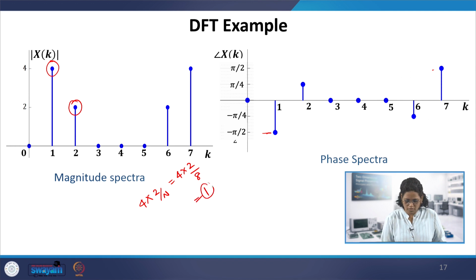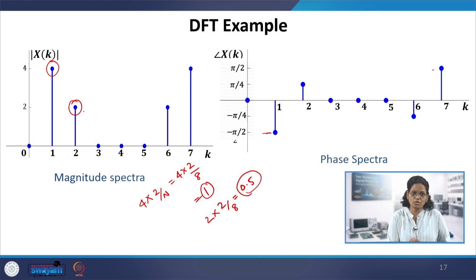This is the original amplitude of the signal which is present over here. Similarly for k equal to 2, what we get is 2 into 2 by n, 2 by 8, that is going to be 0.5. So this is the 0.5 second harmonic, which was the original amplitude. So this is how the obtained magnitude is multiplied by 2 by n for the harmonics. This is valid only for real signals, and with the 2 by n, we get the original amplitudes 1 and 0.5.